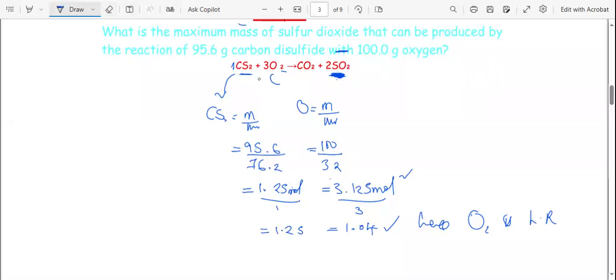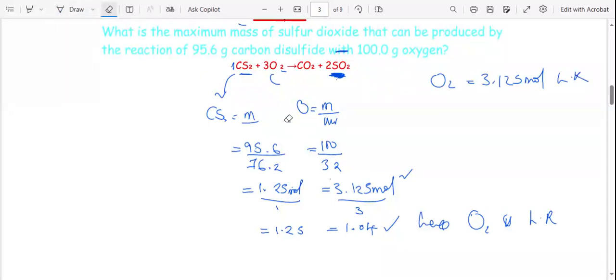We are getting this mole, which is here, to actually put it in relation with what they have asked us to find. So remember, we have oxygen with the number of moles 3.125. So these are the number of moles we have, and oxygen is our limiting reagent. So we proceed now.